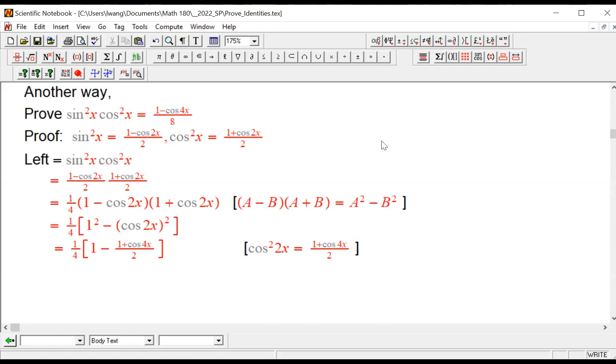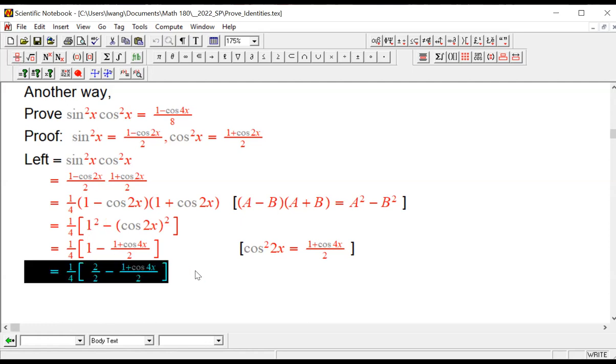So we need to do some algebraic manipulation, which is to say finding a common denominator. So 1 is 2 over 2, and we got the same denominator.